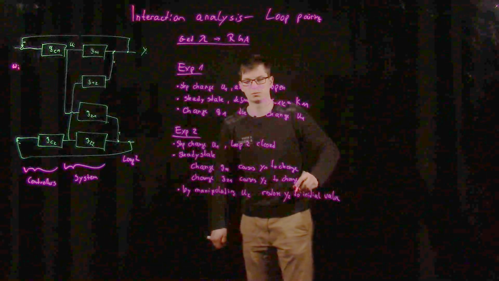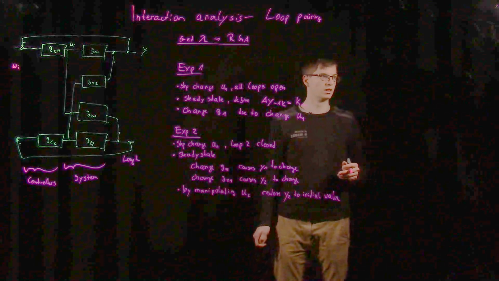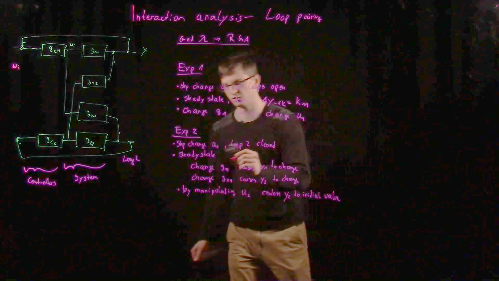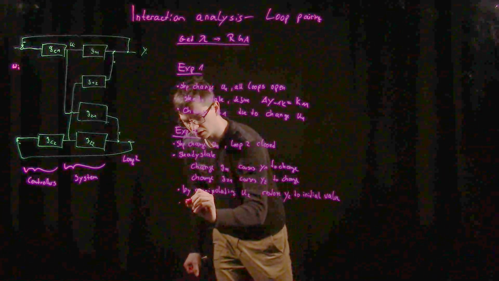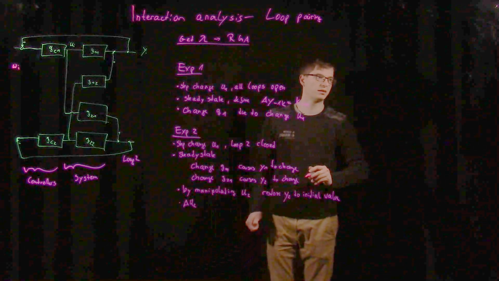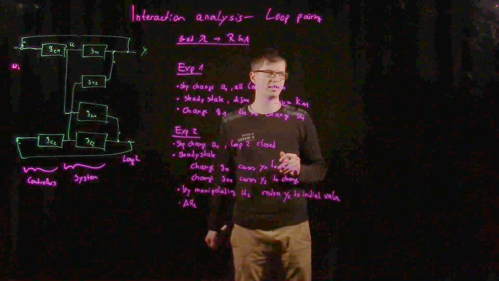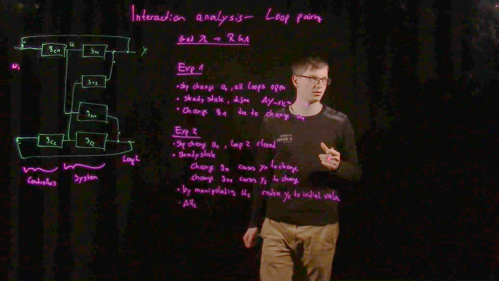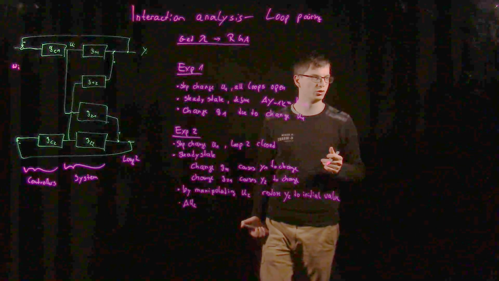So this is what you do manually. And the change in U2 that you performed, this delta U2, can be interpreted as affecting Y1 through G12.